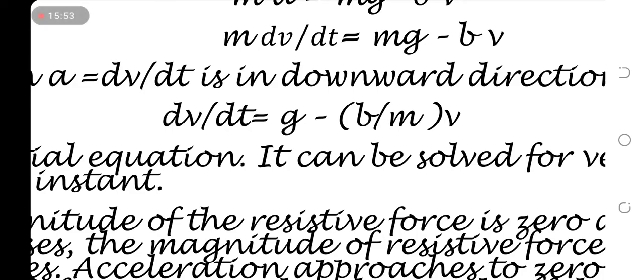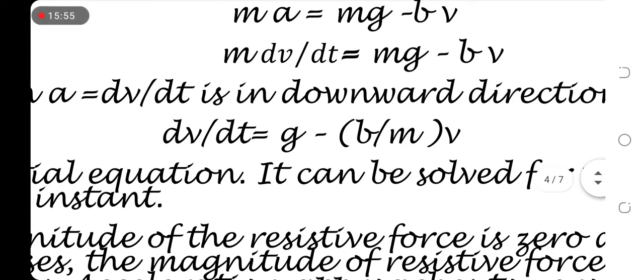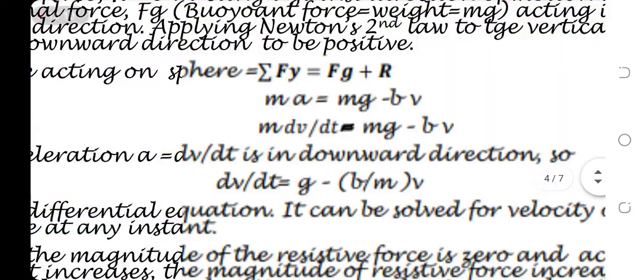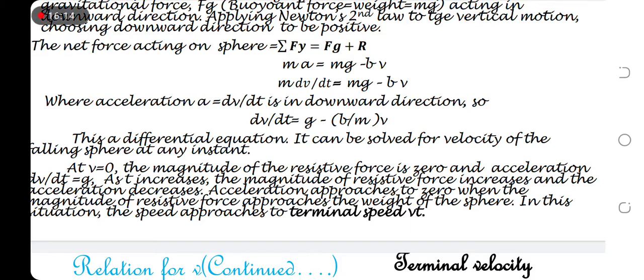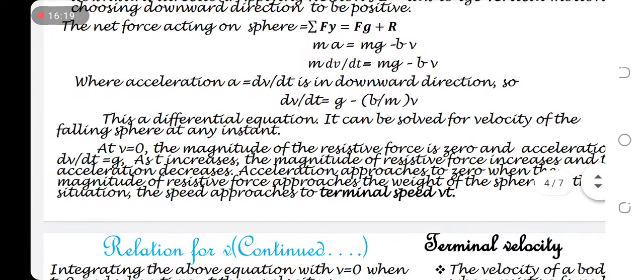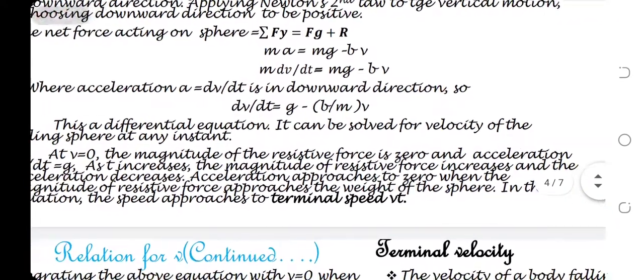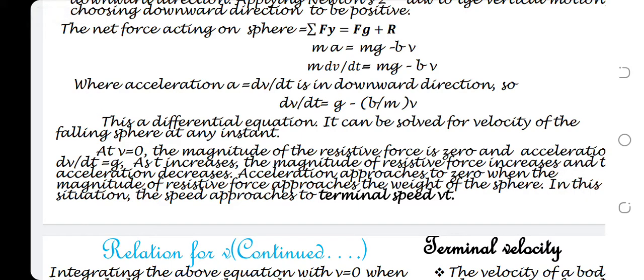After division and simplification, we get the acceleration in terms of velocity: dv over dt equal to g minus b over m into v. This is a differential equation. It can be solved for the velocity of the falling sphere at any instant.